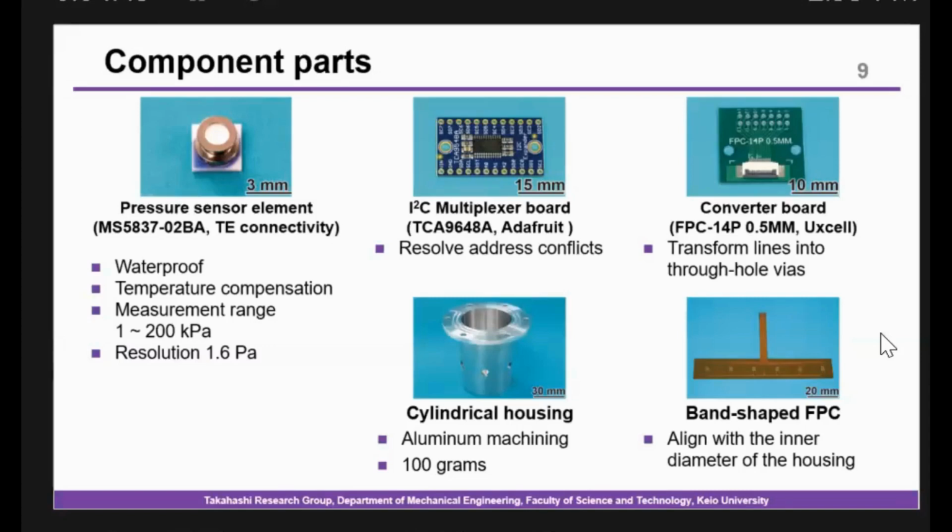This multiplexer resolves address conflicts. The converter board transforms lines from the FPC into through-hole vias. The cylindrical housing is made by aluminum machining. The band-shaped FPC is made to align with the inner diameter of the housing.